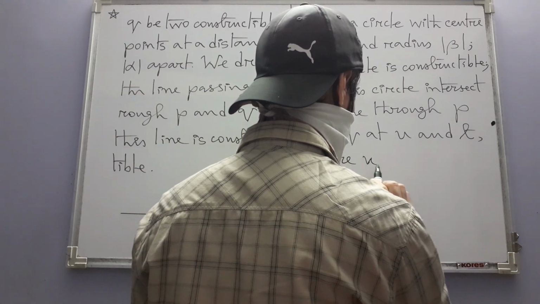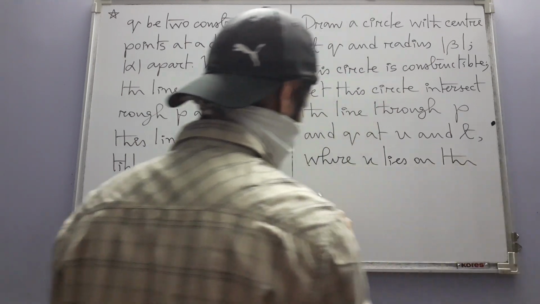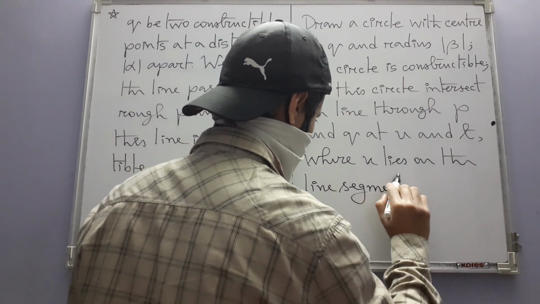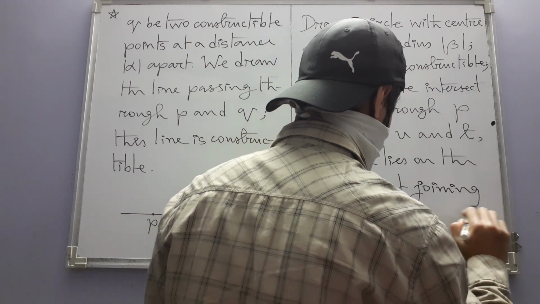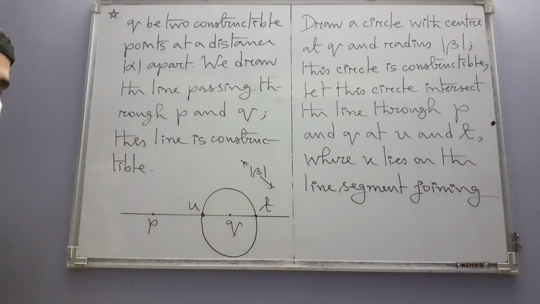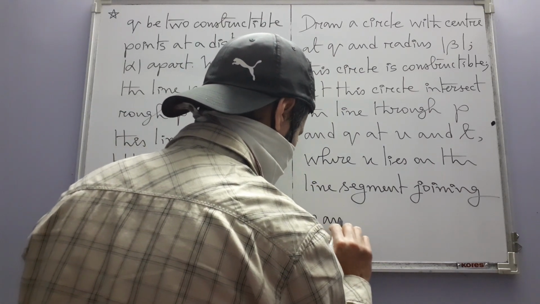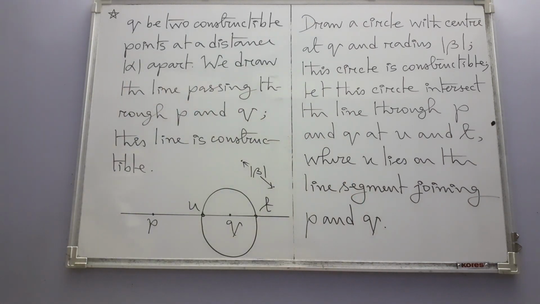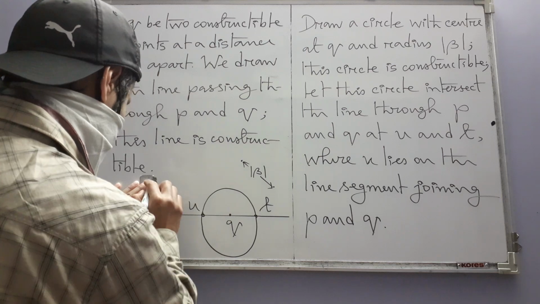U lies on the line segment joining P and Q, and T is the other one. Okay, now let's see what the distances here are, so that we can see everything clearly.